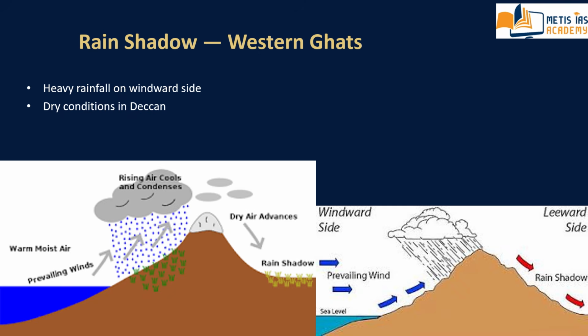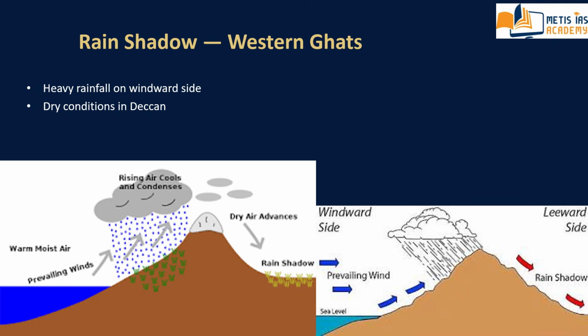For example, rainfall in the Western Ghats. We have to look into the rain shadow effect. When moist winds strike the Western Ghats, they rise, then cool and release rainfall.